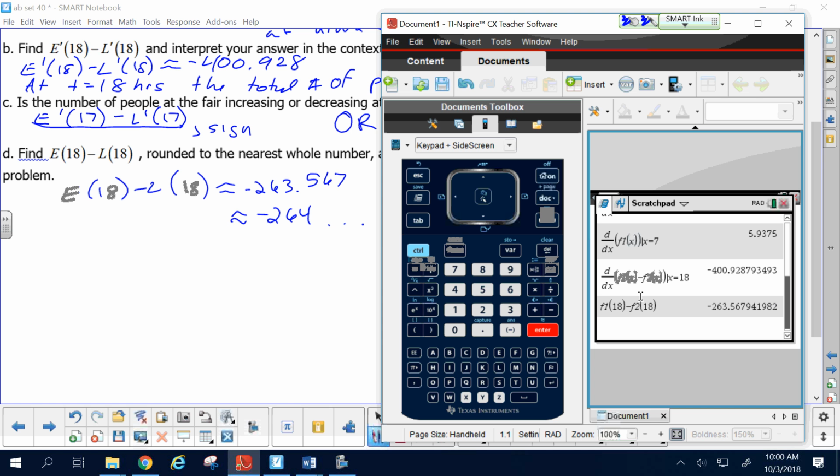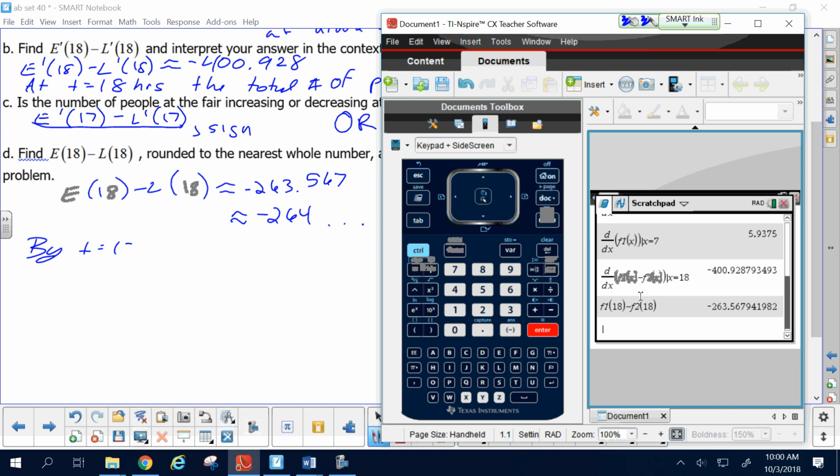Roughly negative 264. Do you agree with the value? Okay. Is this a comparison of the rates or amounts? Amounts. So the enter minus the leave, the total number of people who have entered by time 18 versus the total number of people who have left by time 18 is negative 264. Interpret that.